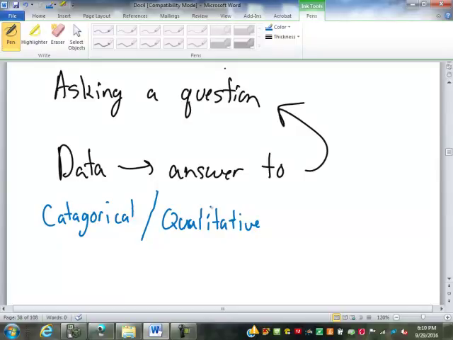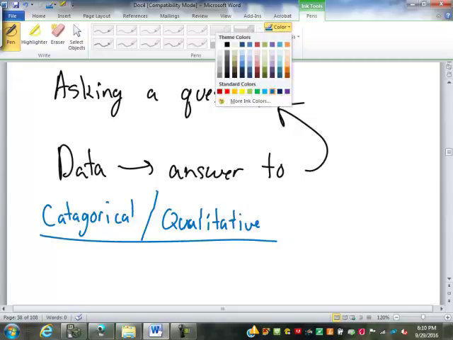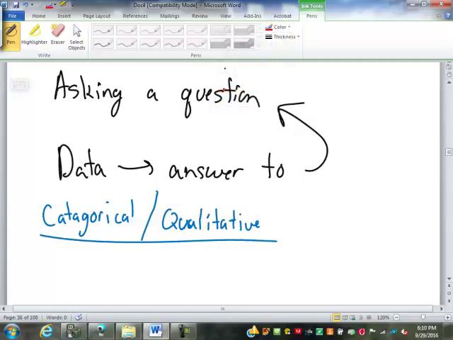And it puts them into a category, is why it's called categorical. And so the reason that in this type of data, the answer to that question puts you into a category. An example might be favorite color. The answer blue, red, black, green, it puts you in the category of people that like that color.